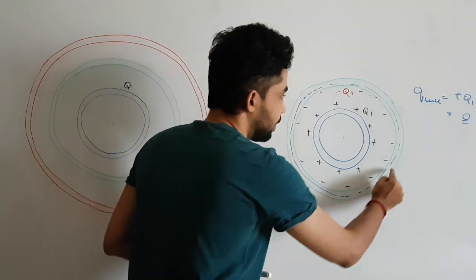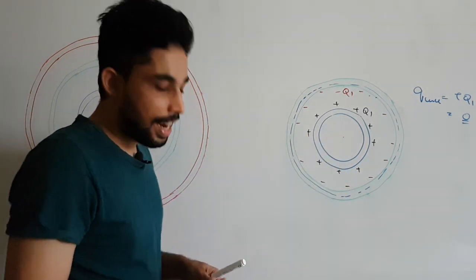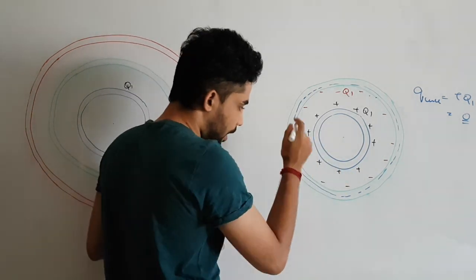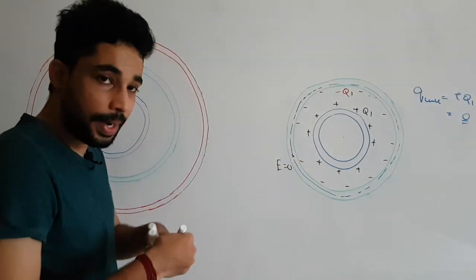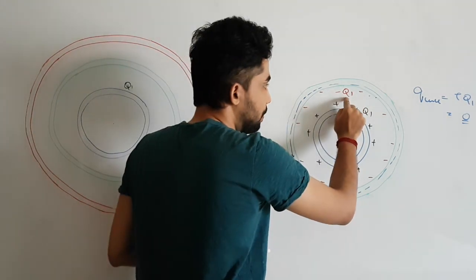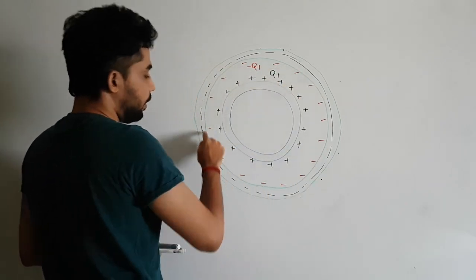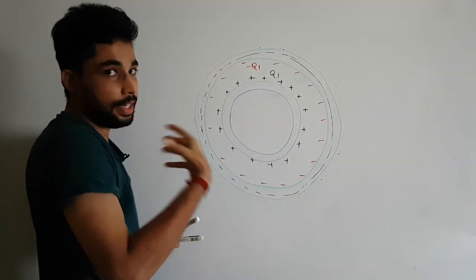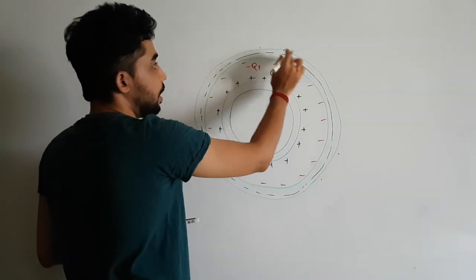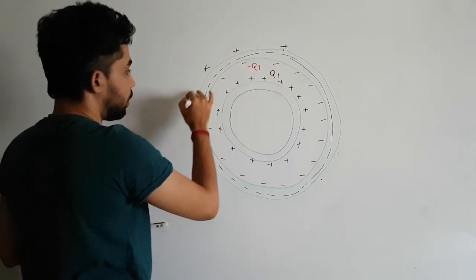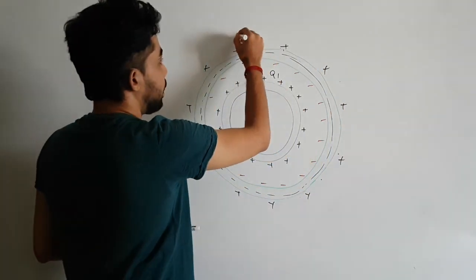Therefore this Gaussian surface doesn't enclose any charge, which justifies that the electric field at any point on that Gaussian surface, or inside the second shell, is zero. That is why the amount of charge collected has to be exactly equal to minus Q1. Since minus Q1 charges are collected on the inner surface of the second shell, this leaves behind positively charged atoms. So positive charges inside this conducting shell will come onto the outer surface like this, and that will be exactly Q1.